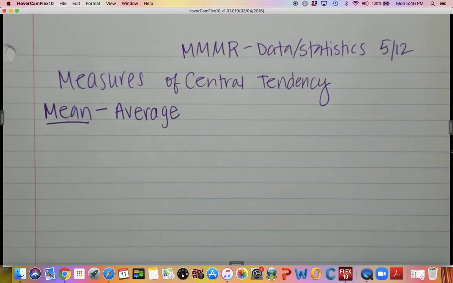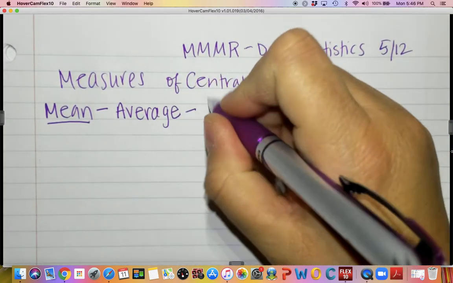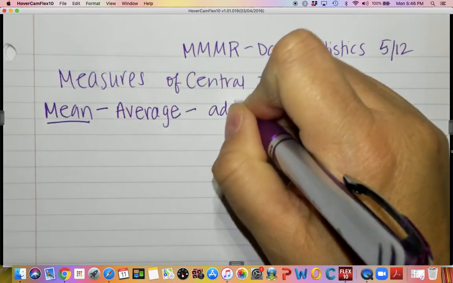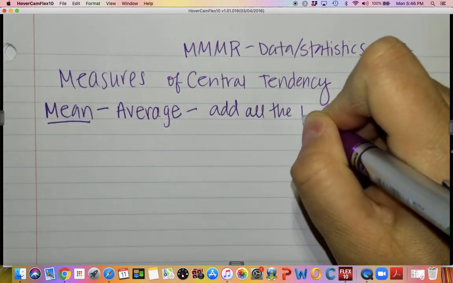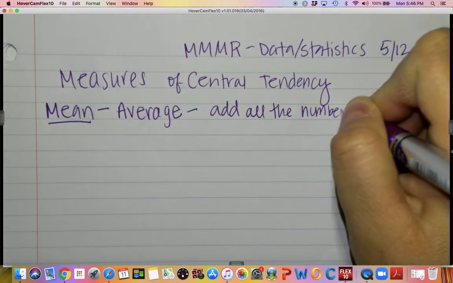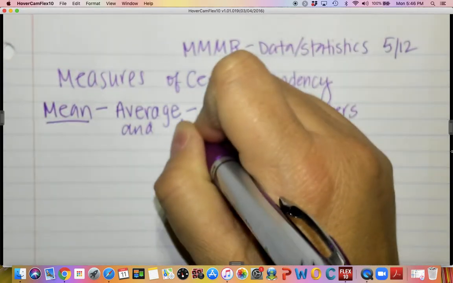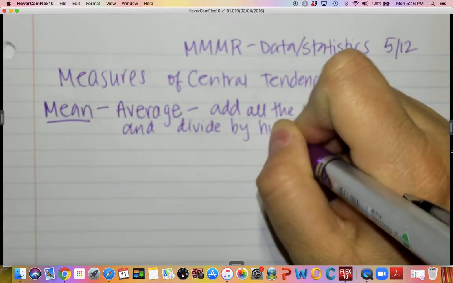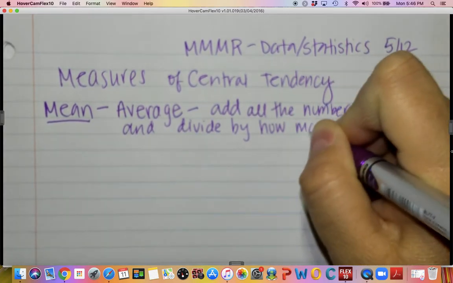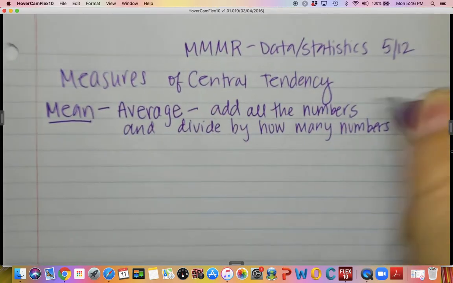So, in order to find the mean or the average, you add all the numbers and divide by how many numbers there are.